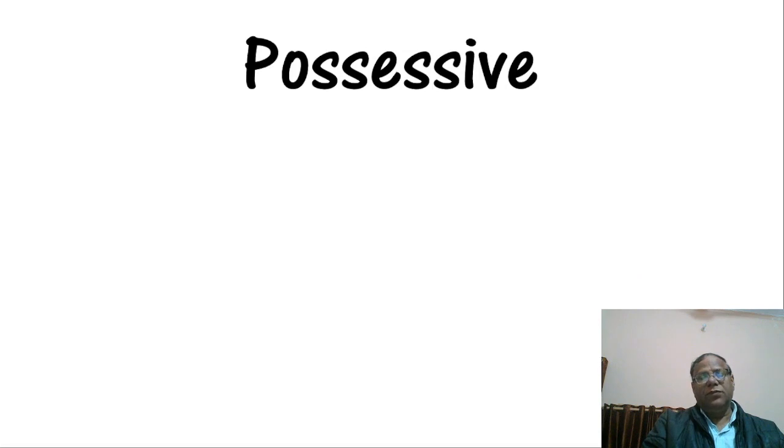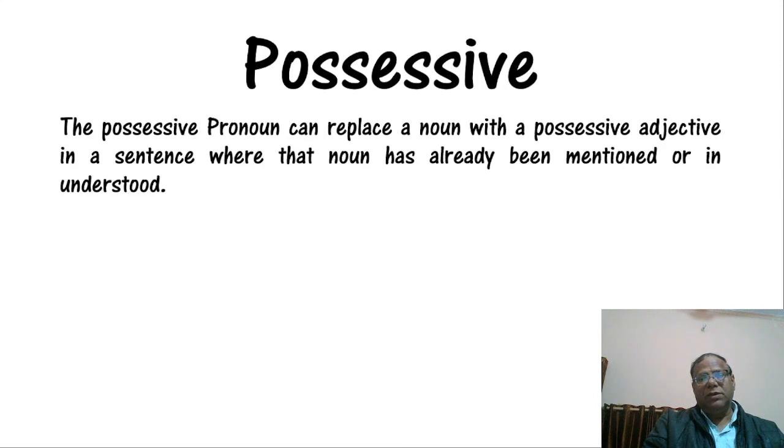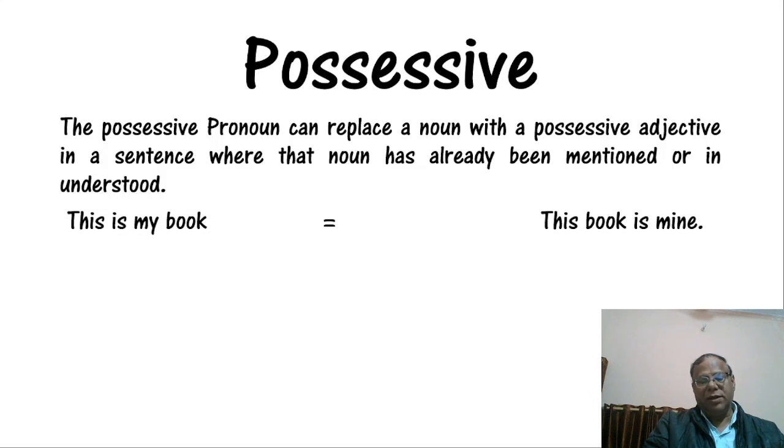Now we are going to discuss possessives in a different concept also, and from the examination point of view, see here, the possessive pronoun can replace a noun with a possessive adjective in a sentence where the noun has already been mentioned or is understood. कि possessive pronoun जो होते हैं वो किसी noun के साथ में replace भी किए जा सकते हैं या possessive adjective के साथ में कर सकते हैं. जैसे this is my book, इसको replace किया जा सकता है this book is mine.